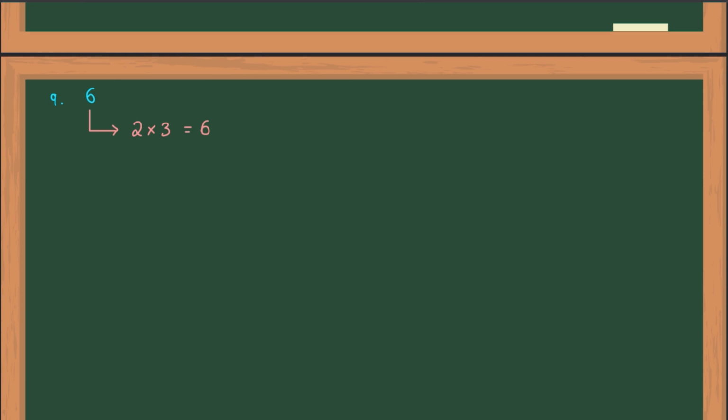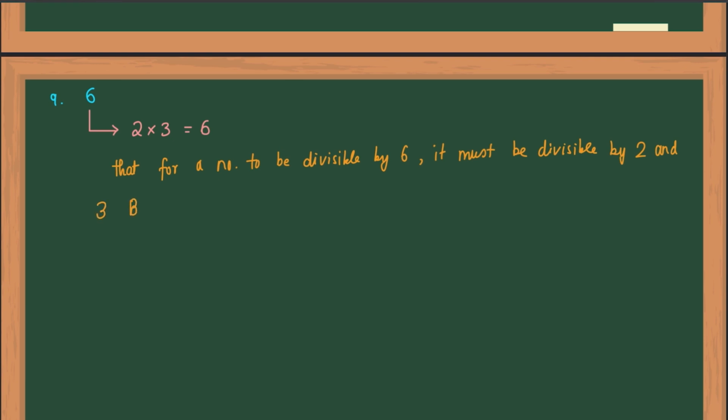What is the rule? The rule says that for a number to be divisible by 6, it must be divisible by 2 and 3 both.